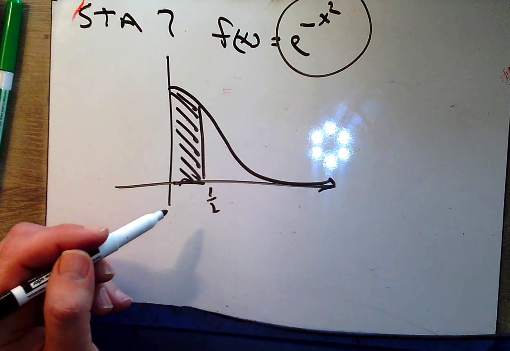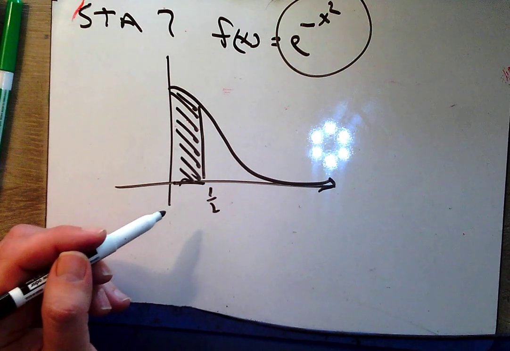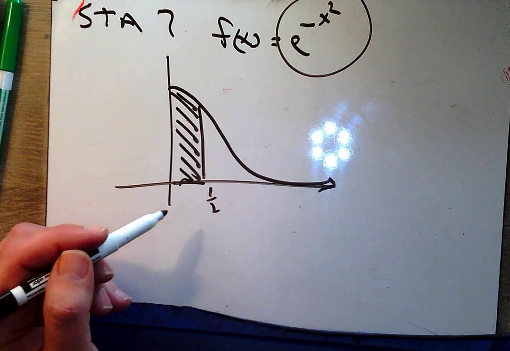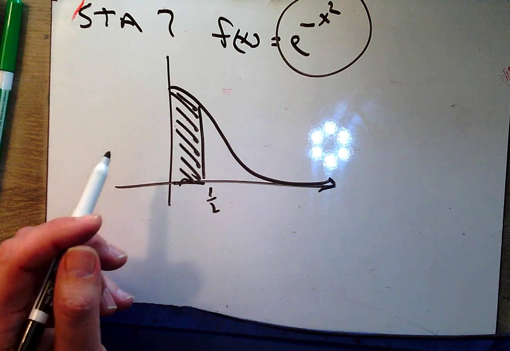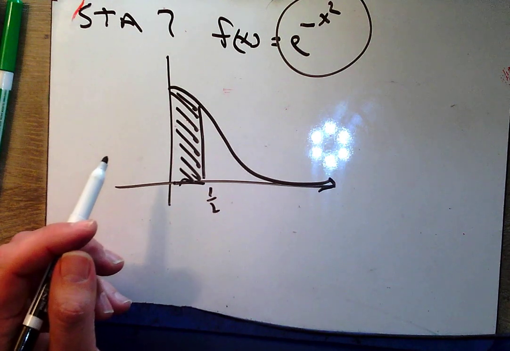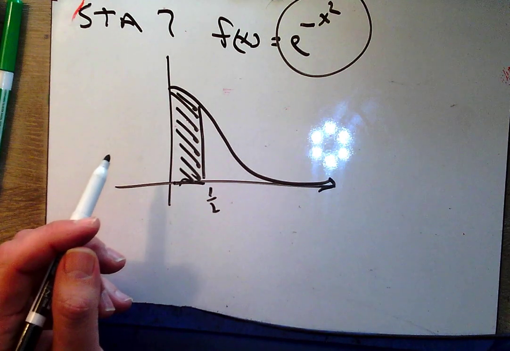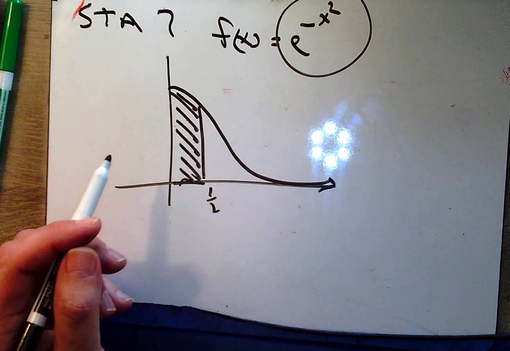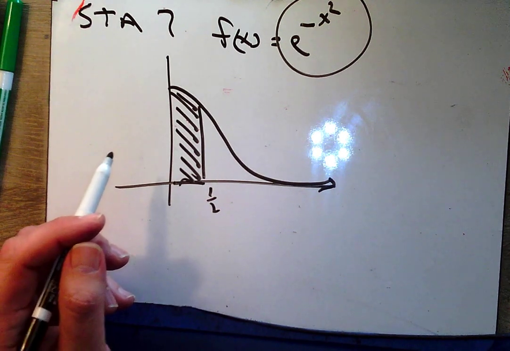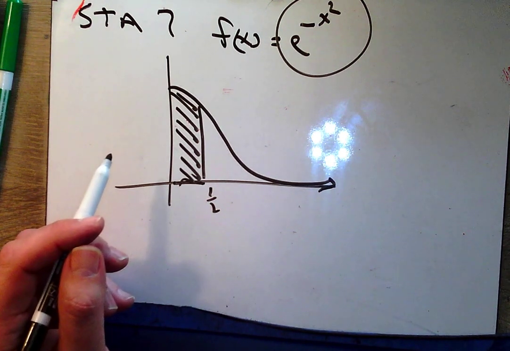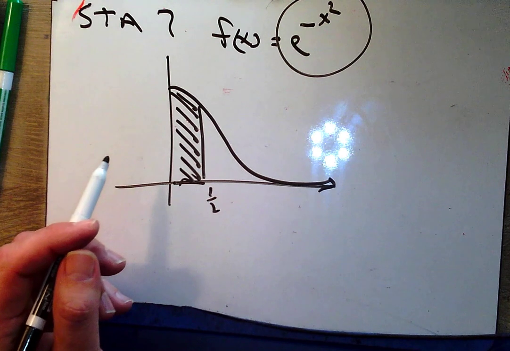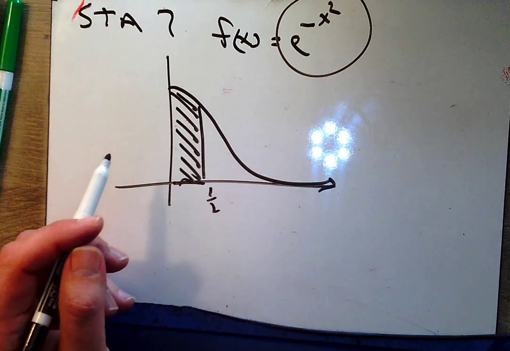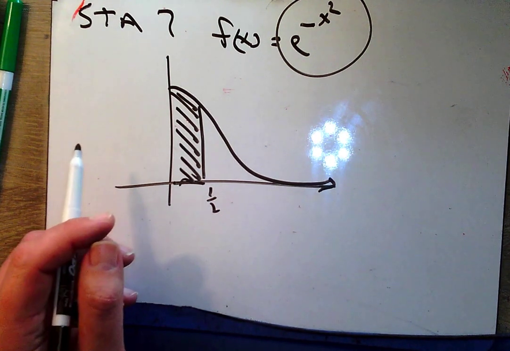Left sum with 4 subintervals. Now, if we had a calculator program, I feel comfortable with 50. I'm going to go with 4.